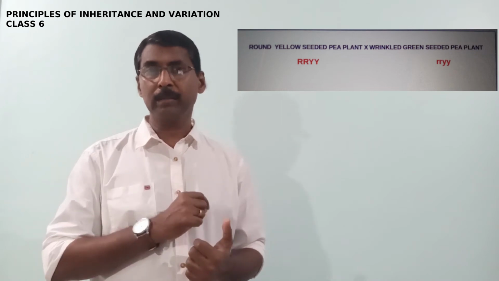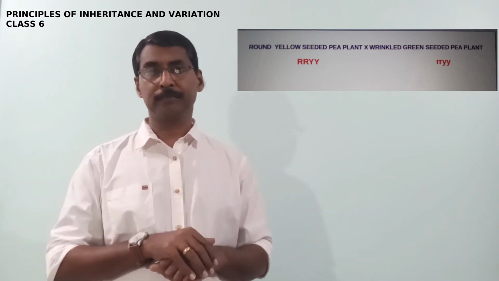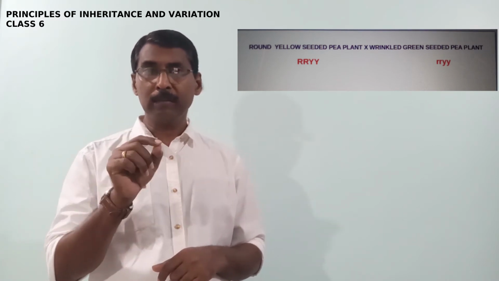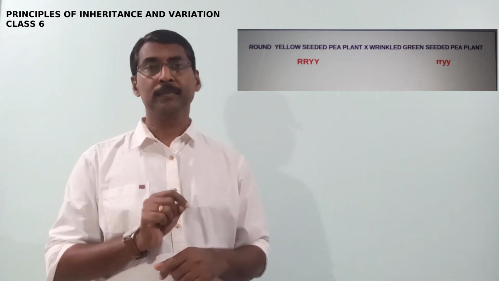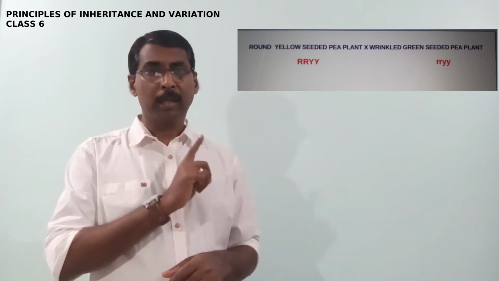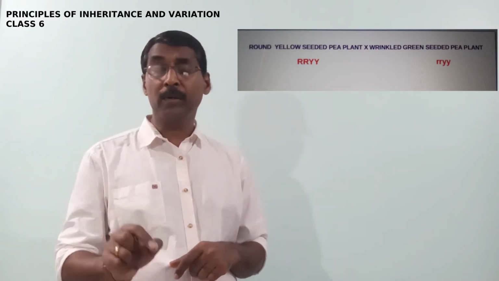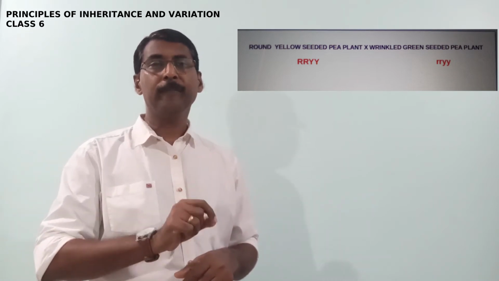So we denote it with the capital letter R. Yellow color is also dominant over green color, and that is represented by capital Y. So capital R for round shape, capital Y for yellow color.